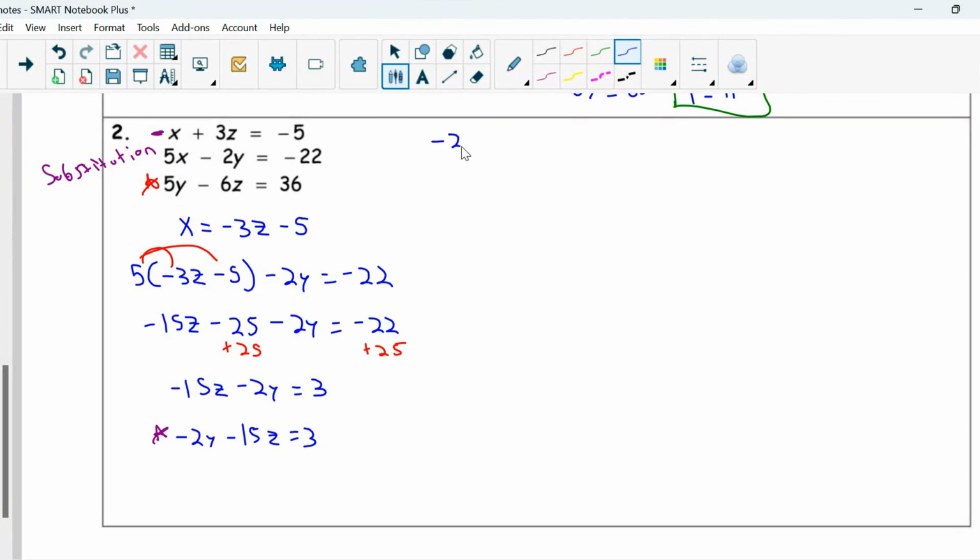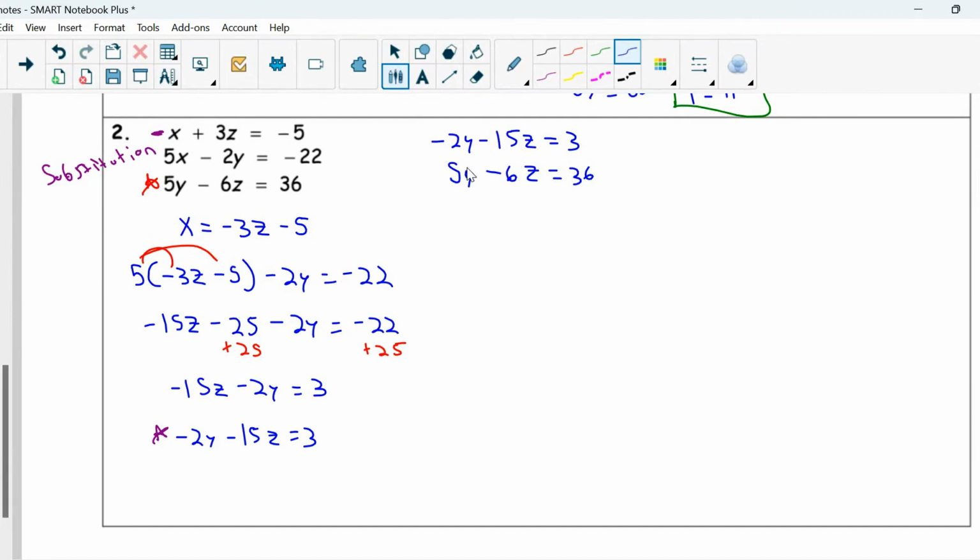Okay, so let's rewrite both of these up here. We have negative 2y minus 15z equals 3. And then our second equation, 5y minus 6z equals 36. Okay, now let's solve using elimination.